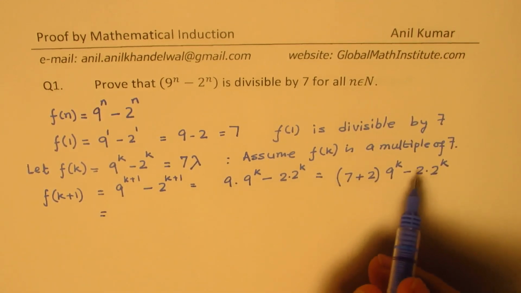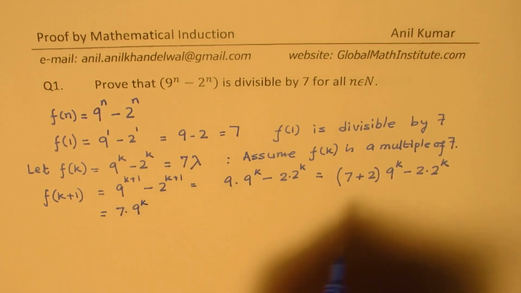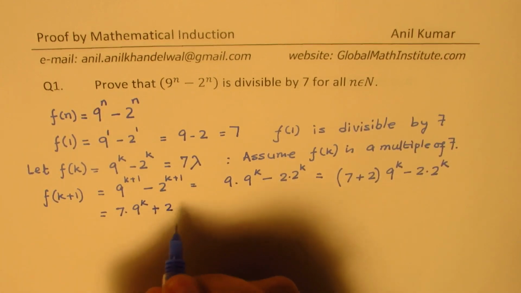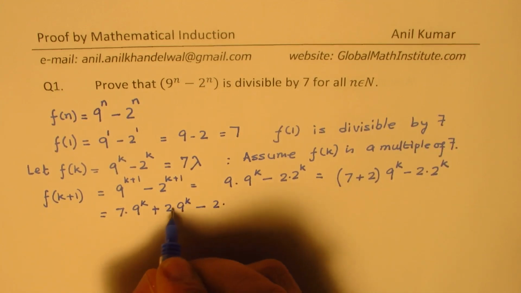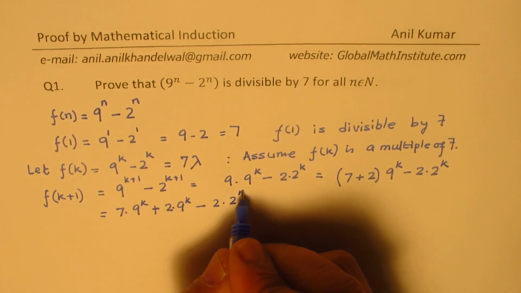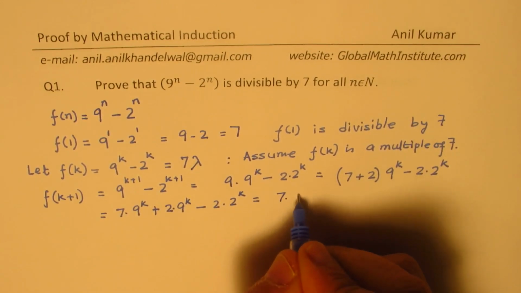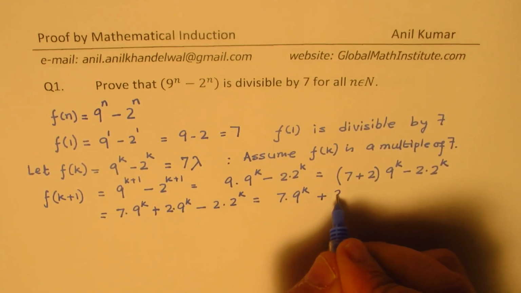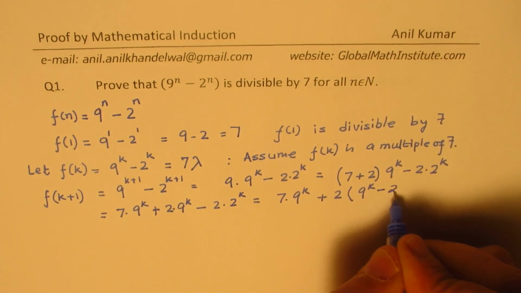So we'll just do readjustments, that is 7 times 9 to the power of k plus 2 times 9 to the power of k minus 2 times 2 to the power of k, right? So 2 is common between these two. So we can write this as 7 times 9 to the power of k plus 2 times 9 to the power of k minus 2 to the power of k.